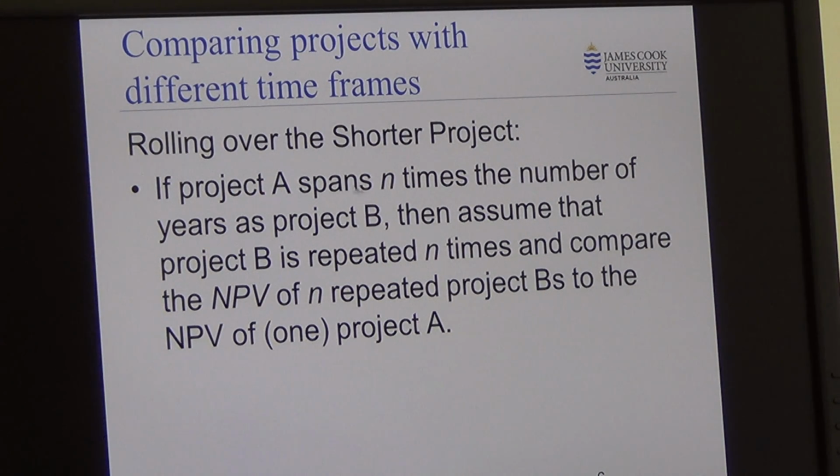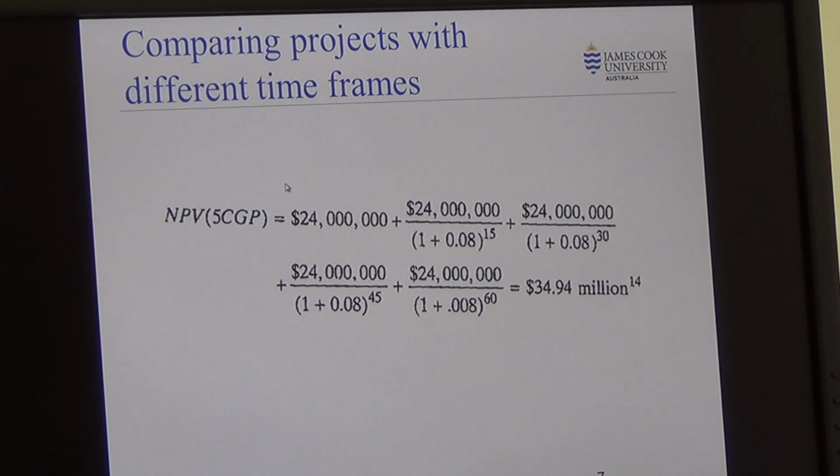If project A spans n times the number of years as project B, then assume that project B is repeated n times and compare the NPV of these n repeated projects with the NPV of one project. Okay. So in 75 years, we can have 5 cogeneration projects.